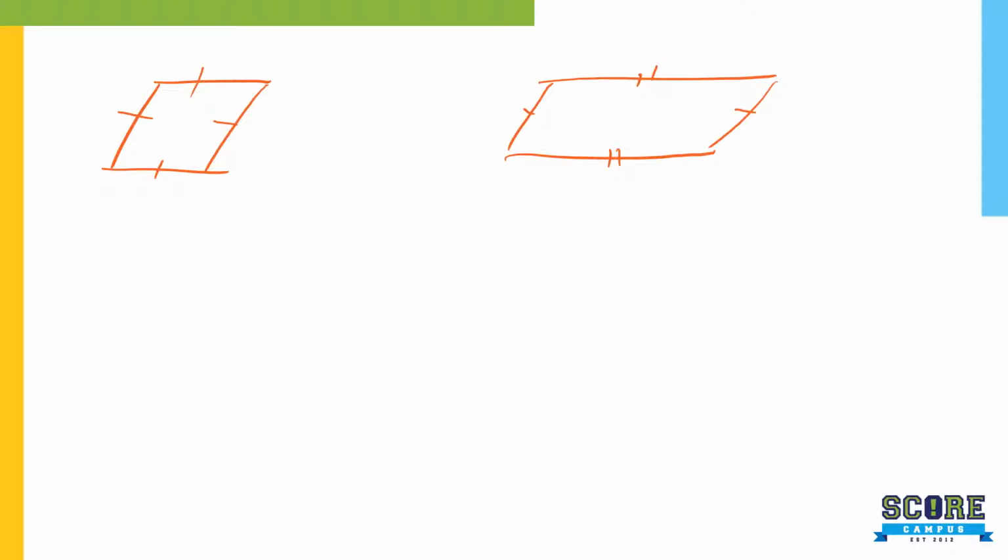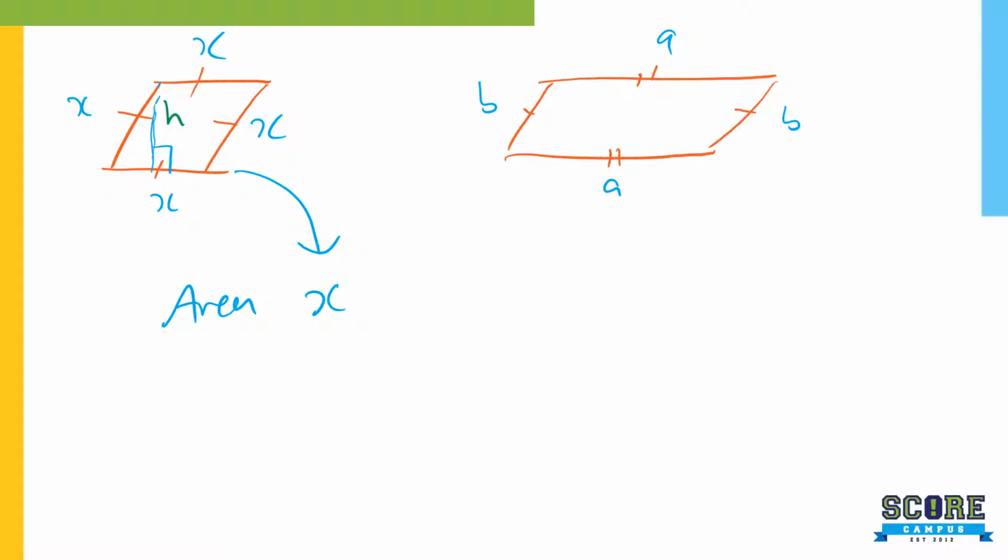So in a rhombus and the parallelogram, the area and perimeter would be the same, in the sense that, okay, if this is x, x, x, x, this is a, b, b. Area for a rhombus is equal to x times h, so you must find out the height.